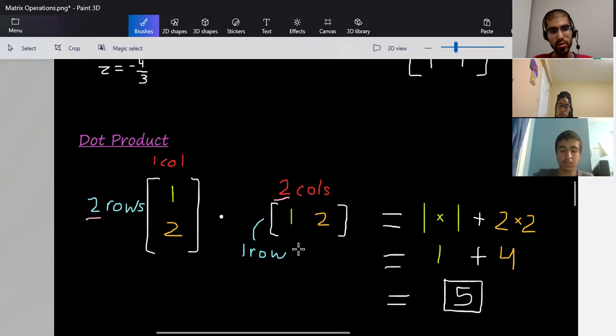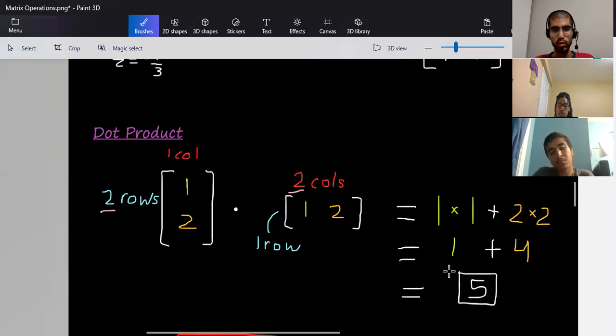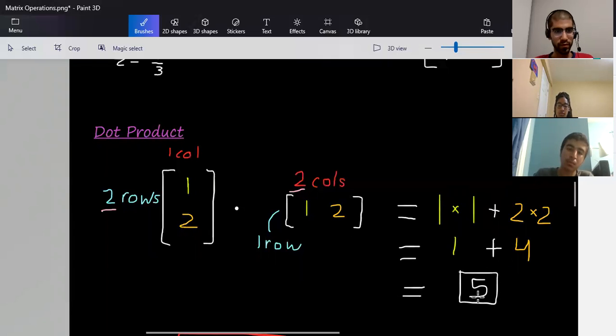If there was a third element, we'd do the same thing, and we just keep matching up the elements and multiplying them together. Then what we do is we add together the products. So we add together the results of all these multiplications. So 1 times 1, that's equal to 1. 2 times 2, that's equal to 4. And then you add together the products. And what you get out is 5.